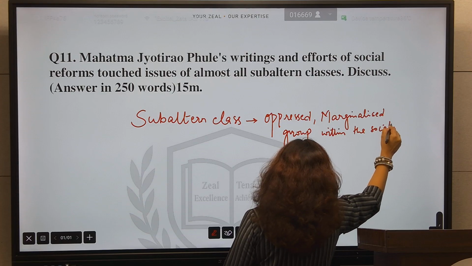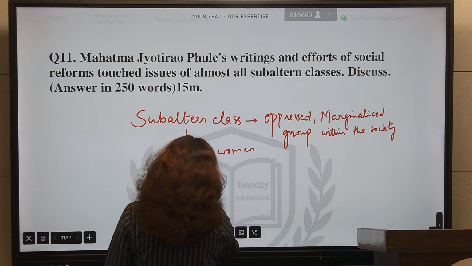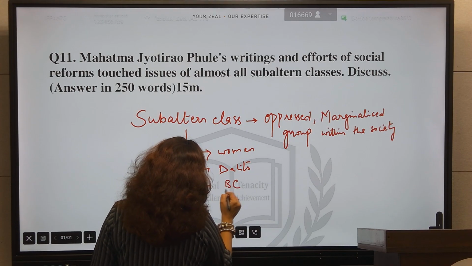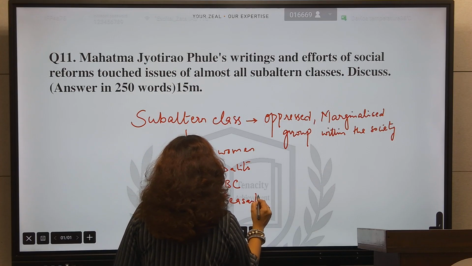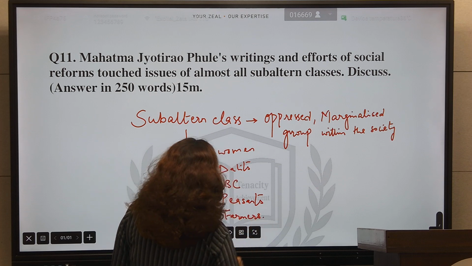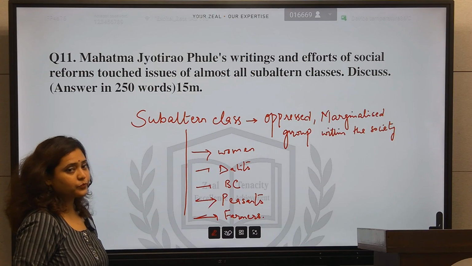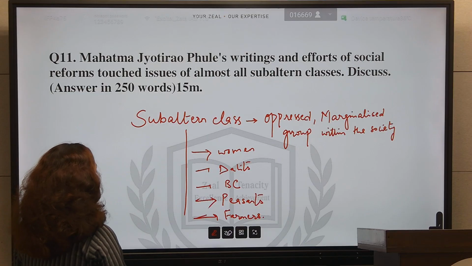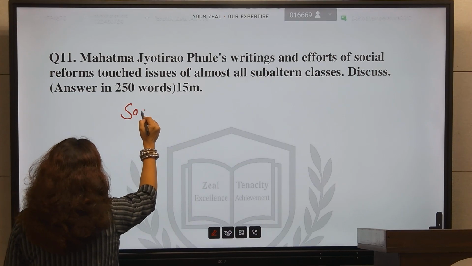So subaltern would mean women, Dalits, backward class people, and peasants. And if I'm talking about the 19th century, I'm also talking about farmers. This is the group of the subaltern class. What were the problems or the social evils during the 19th century?